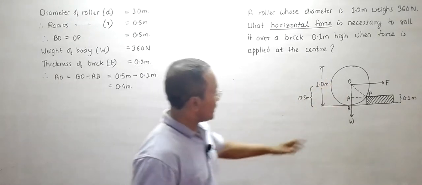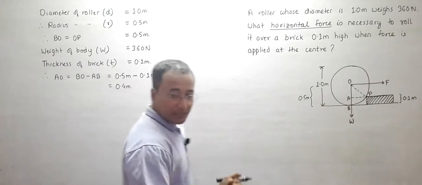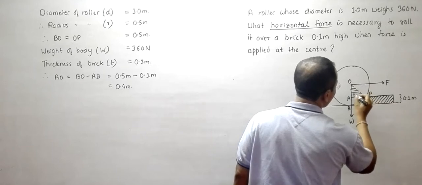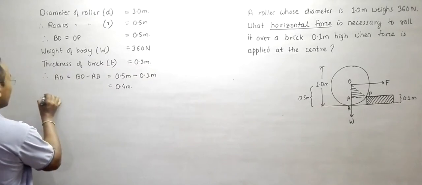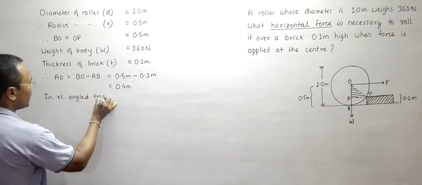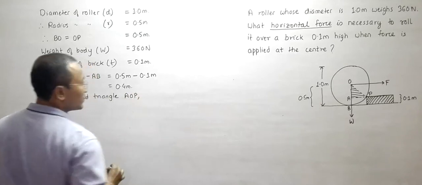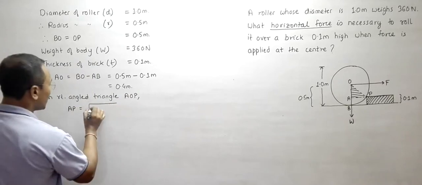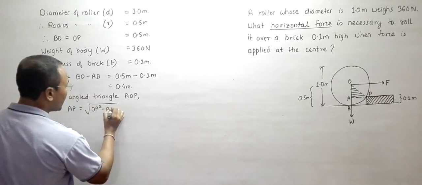Now the only job remaining here is finding the value of this AP. So if I consider this right angled triangle, I can easily find the value of AP as well. So in right angled triangle AOP, we should have AP equal to root of OP square minus AO square.